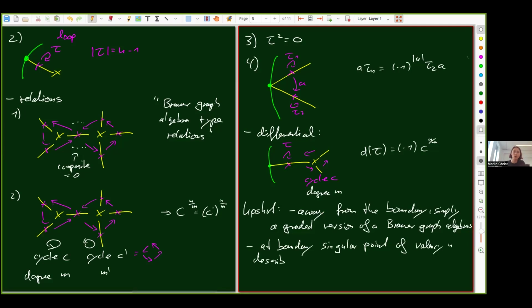this relative graded Brauer graph algebra, and so this is the relative part, right? The graded is clear where it comes from. By relative we mean it has somehow information about the boundary, and this relative part is the stuff lying at the singular points, boundary singular points. And in this case, it is described by, well, let me say it informally. It's the path algebra of an A_n quiver tensored with an n-1 spherical object.